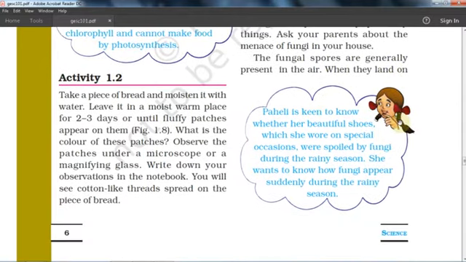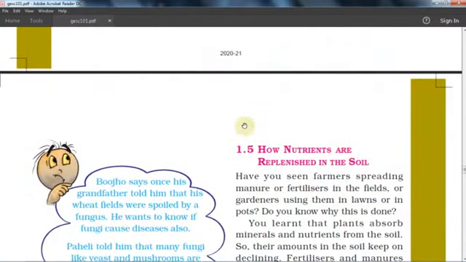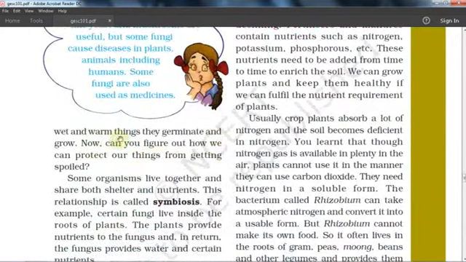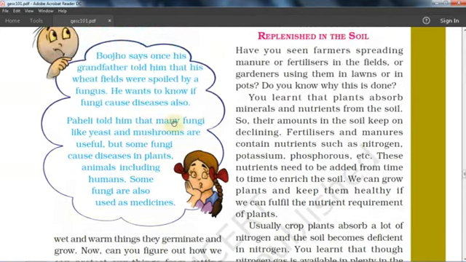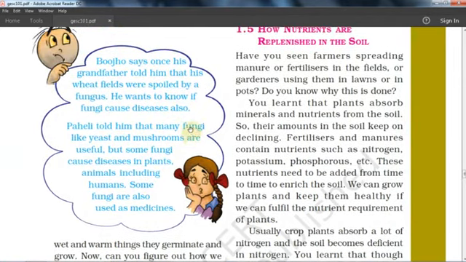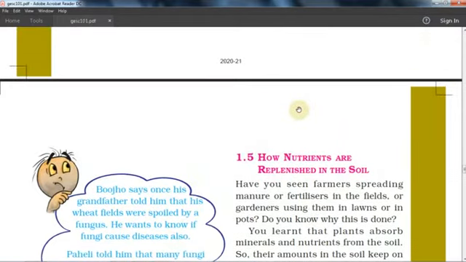When they land on a hot and moist surface, they germinate and grow. Now can you figure out how we can protect our things from getting spoiled? We must keep them always dry and cold. That is why on many things it is written to keep in a dry and cold place.